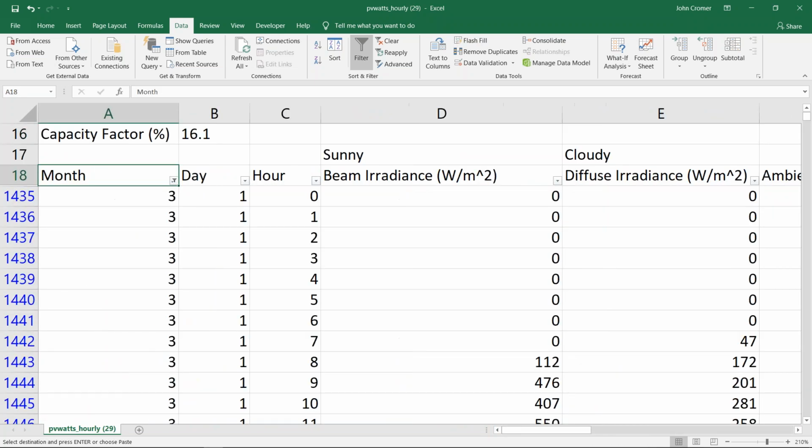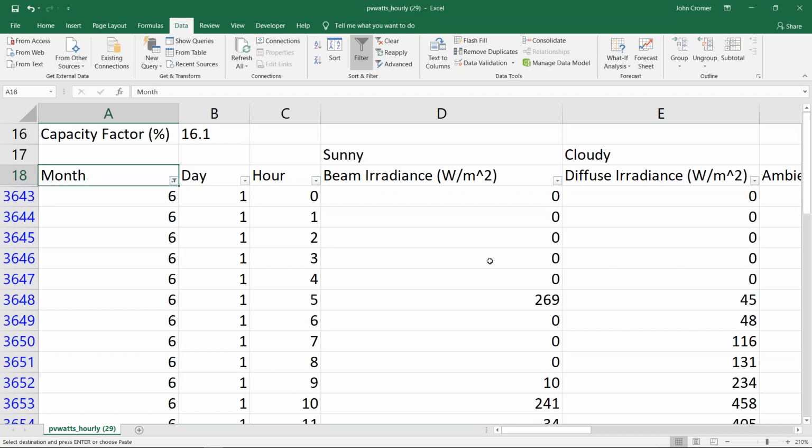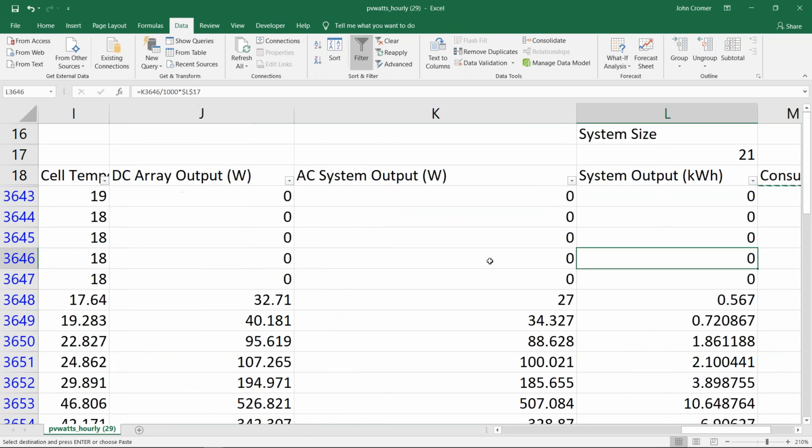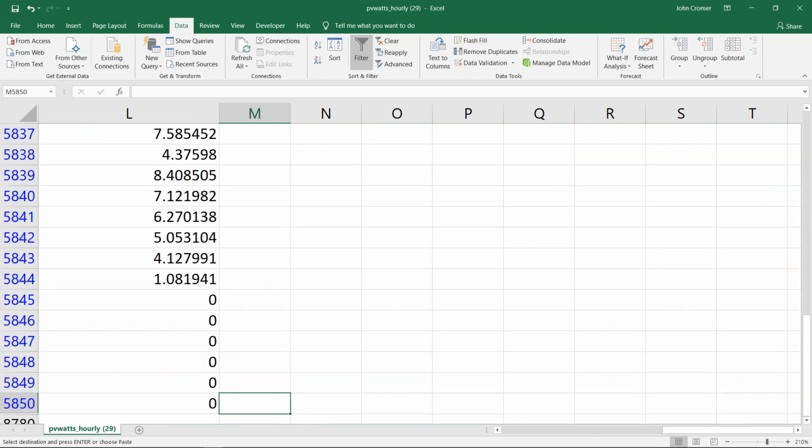All right. Then for June, July, and August, we'll go ahead and do 3 kilowatt hours per hour.